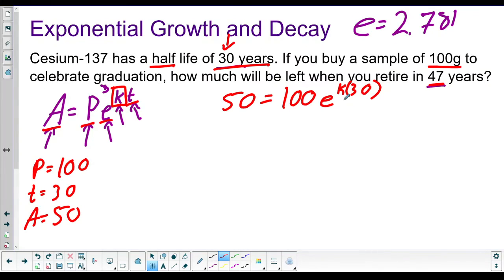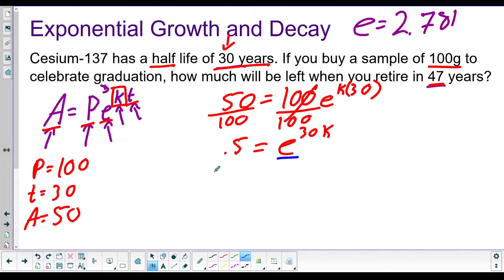Now we're going to solve for k. So first we isolate the exponential by dividing by 100. These cancel, so we have 0.5, or a half, equals e^(30k). Now we rewrite this as a logarithm. Because our base is e, we're using a special logarithm called the natural log.